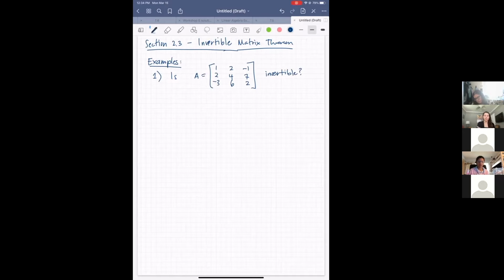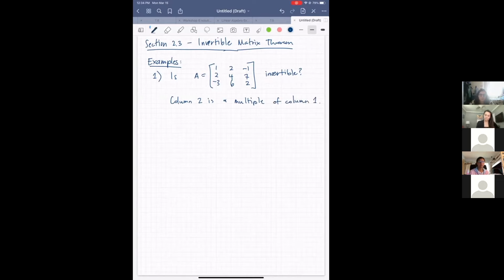Okay. And basically when we're using the invertible matrix theorem, we want to find the easiest way to answer this question. And there's all of these equivalent ways of looking at this question through the invertible matrix theorem. But the easiest way to deal with this particular problem is, if you notice, column 2, the second column, is a multiple of column 1.